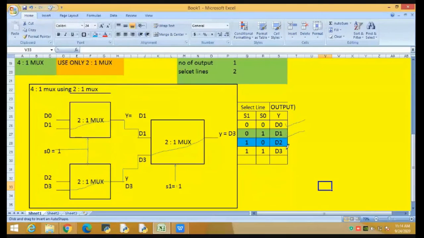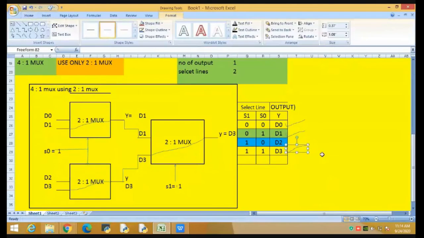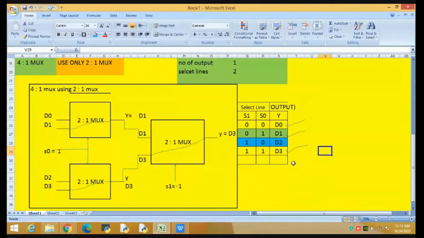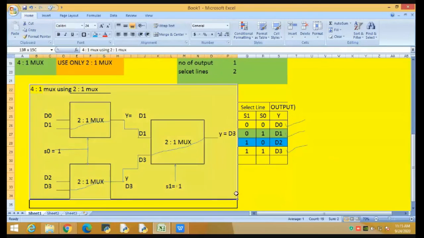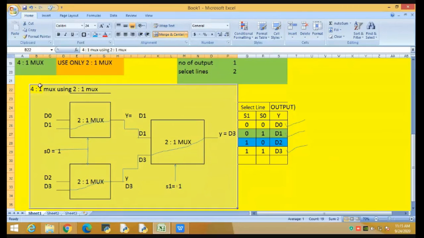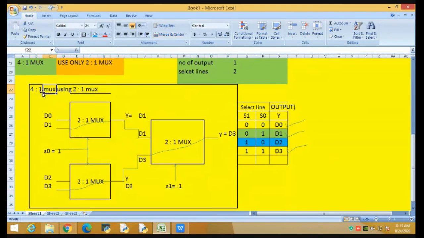So my last truth table condition is also satisfied. So I conclude that this tree diagram is nothing but a 4 to 1 mux using 2 to 1 mux. Understood?